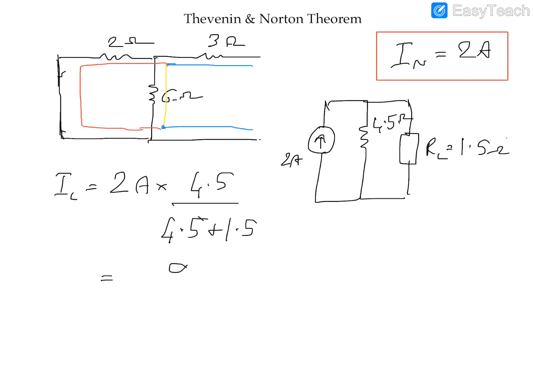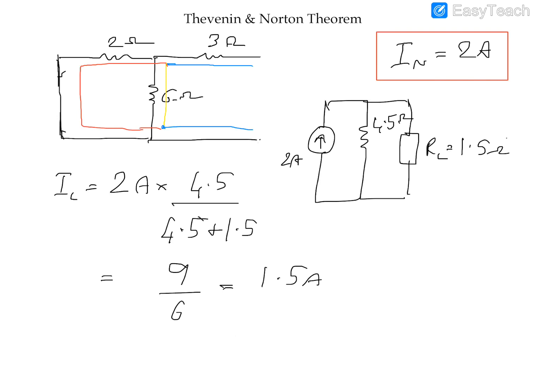So that would be 9 divided by 6, that is again 3 by 2. I would get 1.5 amperes.